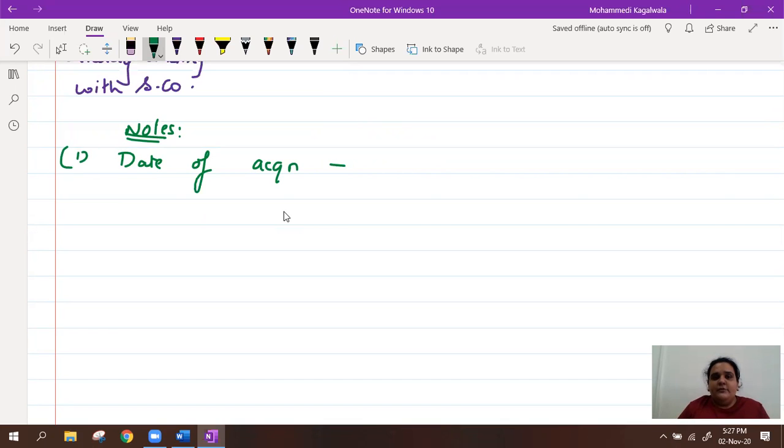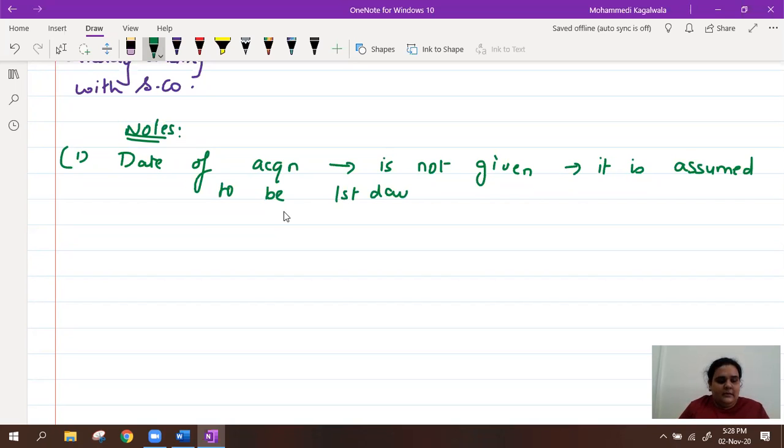Suppose date of acquisition is not given, then it is assumed, in many cases they will not give you, to be the first day of the financial year. That means it is 1st of April.